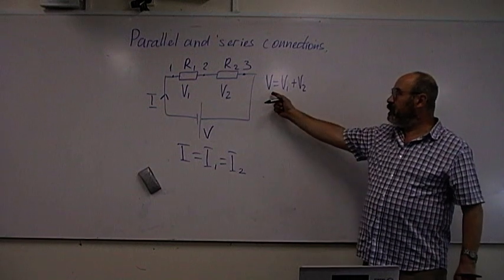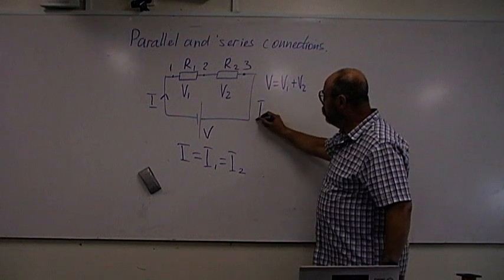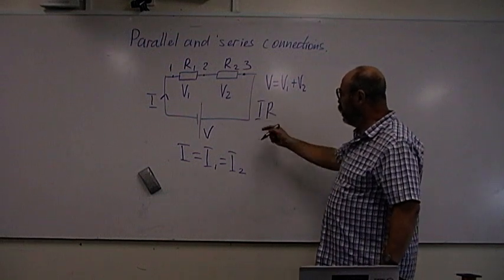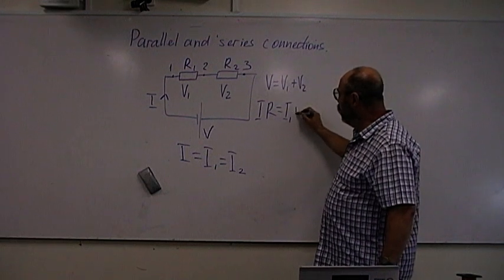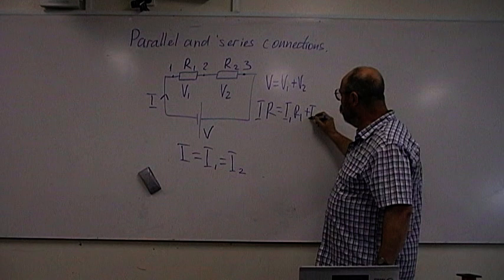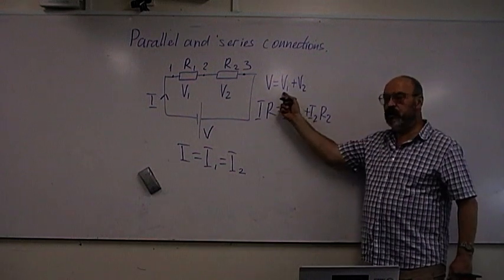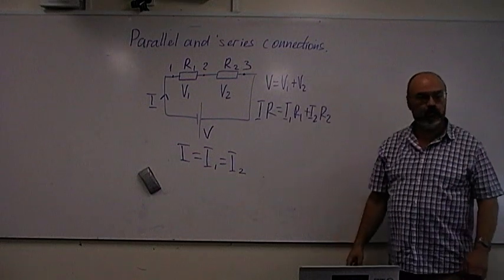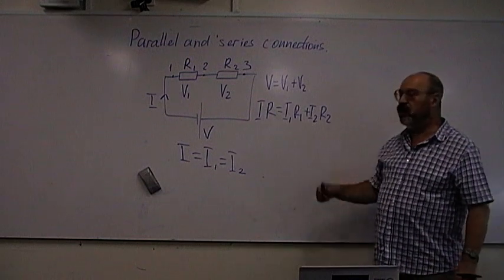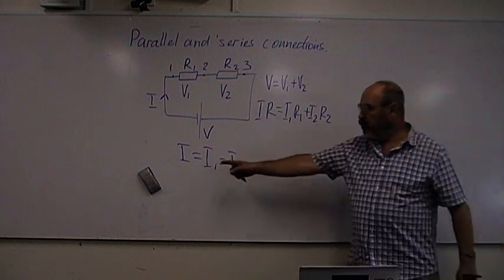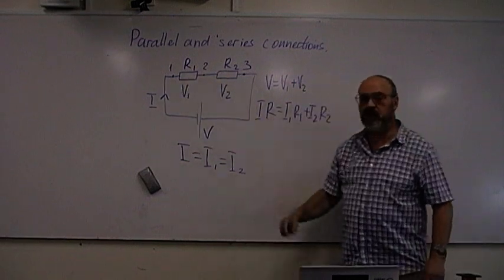Now let's rewrite each of them using Ohm's law. We have voltage equal current times resistance, so IR equals I1 R1 plus I2 R2. Ohm's law for the first resistor, Ohm's law for the second resistor. But we already established that currents are the same. Current here is the same as current through the first resistor, the same as current through the second resistor.